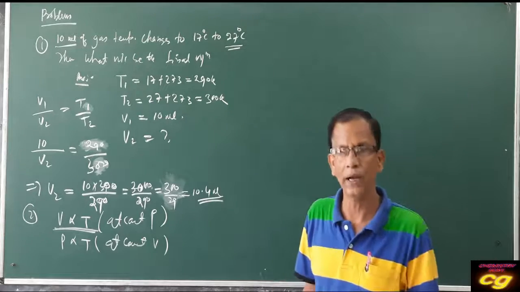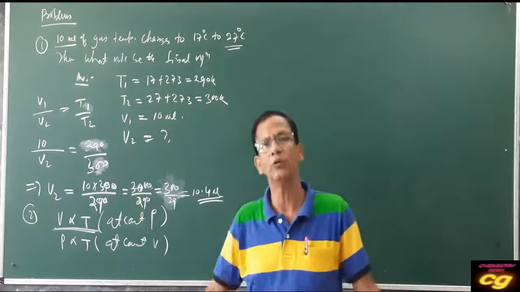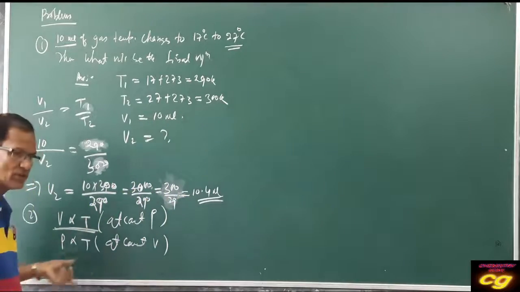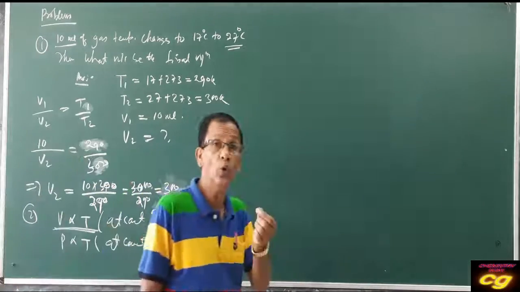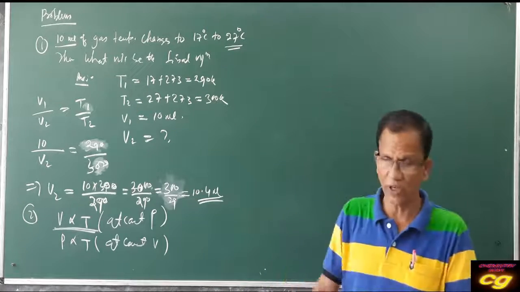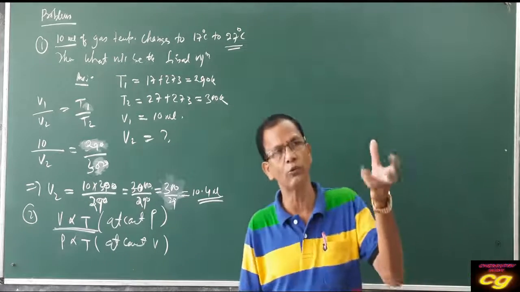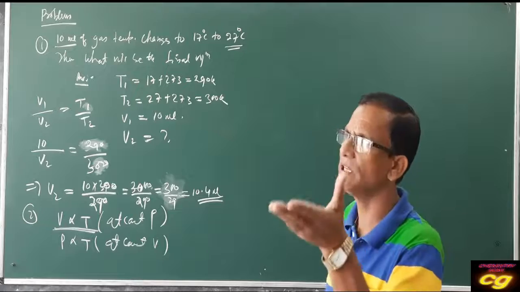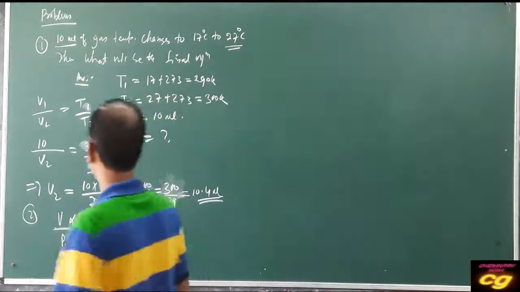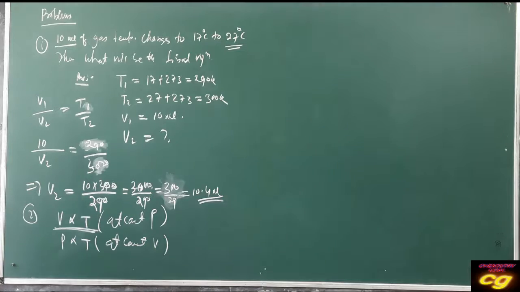When pressure is very high, the tire will burst. So this is a very important application, that during summer we have to give low pressure. We should not give high pressure to the tire, because with the running tire, the temperature of the tire will be more due to friction, the volume will increase, and that's why it may burst. So this is one important application of Charles law.